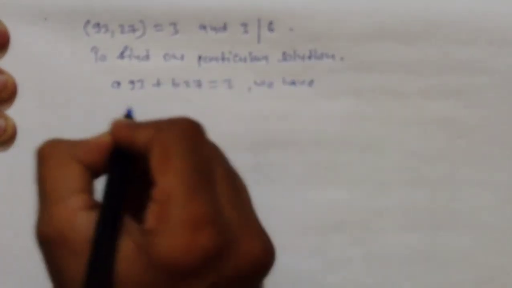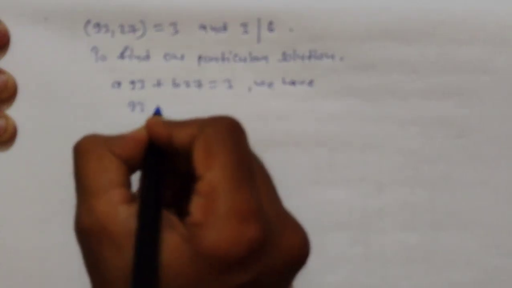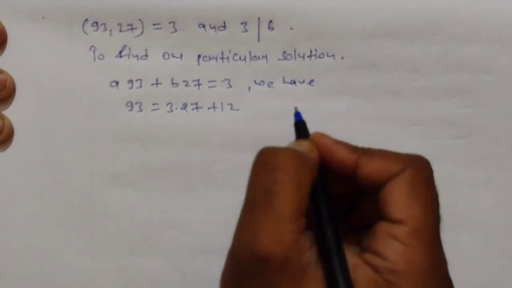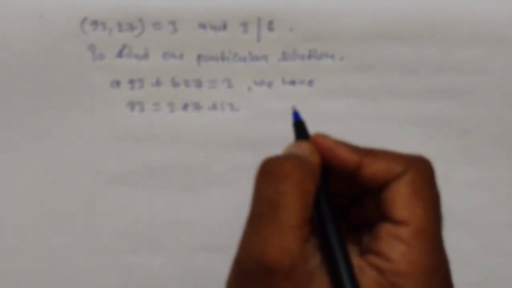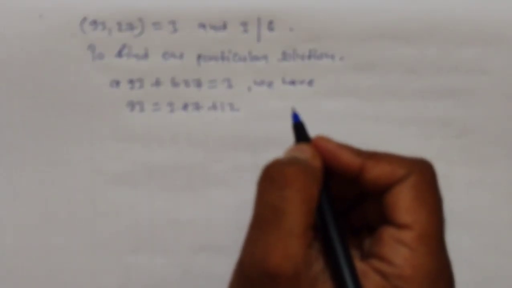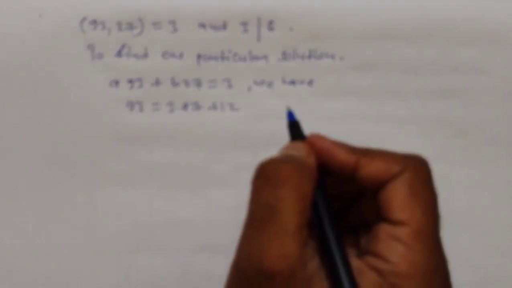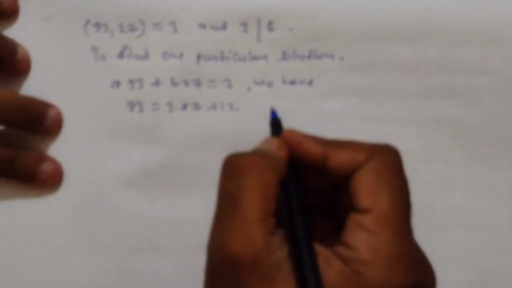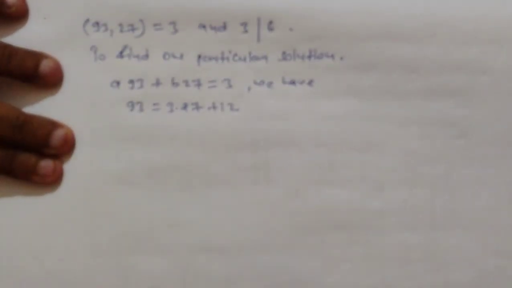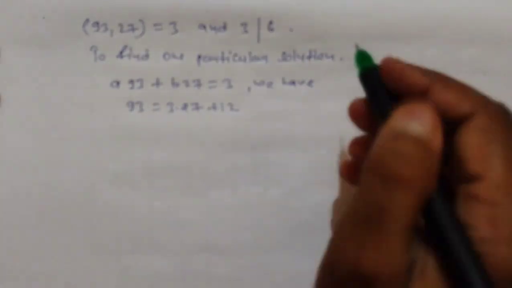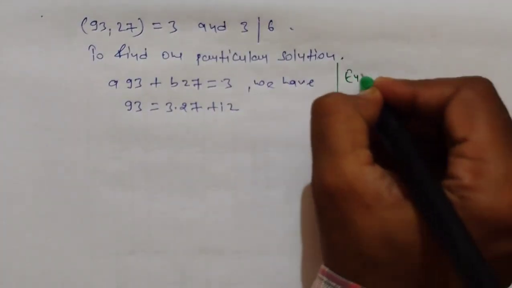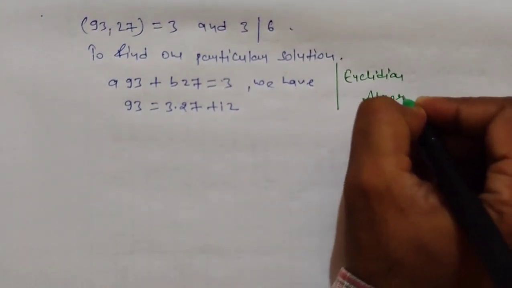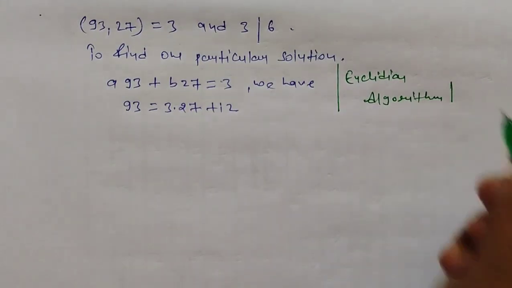We have 93 is equal to 3 into 27 plus 12. So this is the first step of the algorithm we are applying here, the Euclidean algorithm.